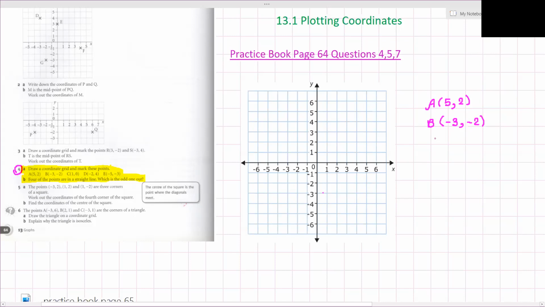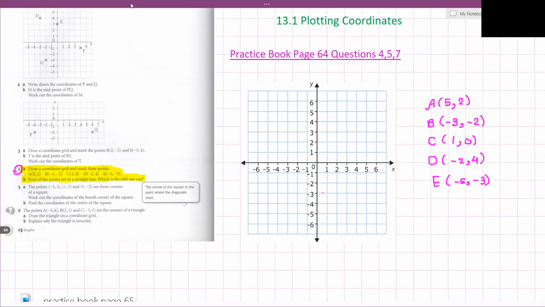The third point is C, (1, 0). Point D, (-2, 4). Point E, (-5, -3).